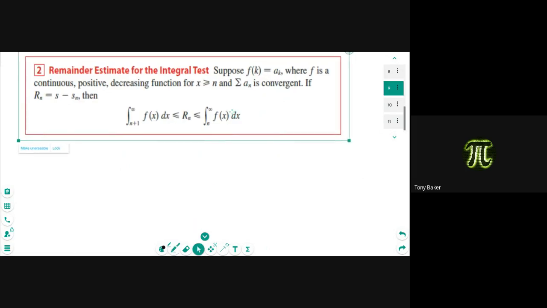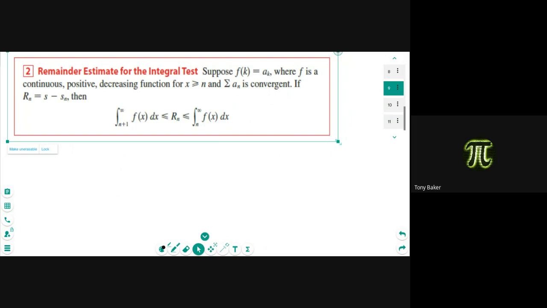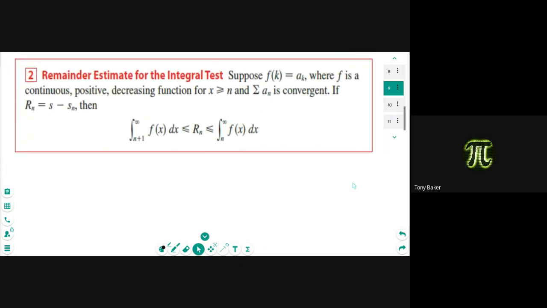So the question comes up now is, how can we estimate the value of a function to a specific number of decimal places? Anytime you use a computer or a calculator to do a summation of a series to give you an actual answer, it is in essence doing what I'm about to show you.